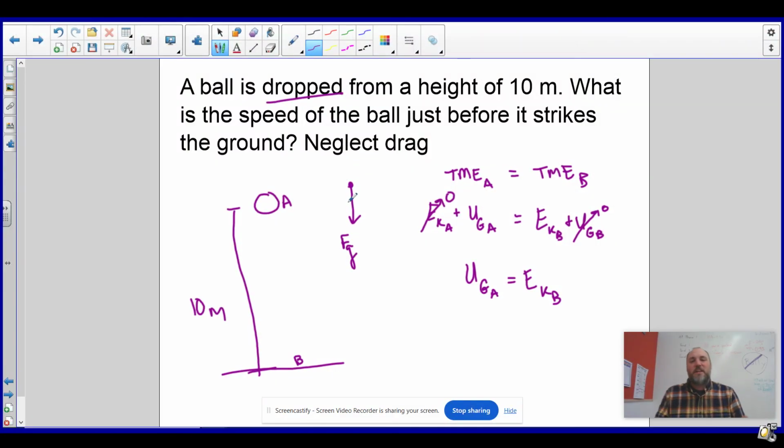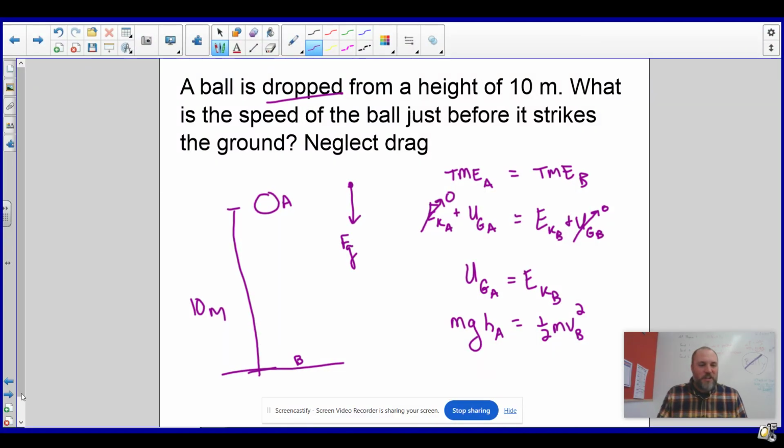So the force of gravity is doing work on this object, converting gravitational potential energy into kinetic energy. And the gravitational potential energy that I start with at position A, due to the height at A, is just mgh, and that should equal the kinetic energy at position B, due to the speed at position B.